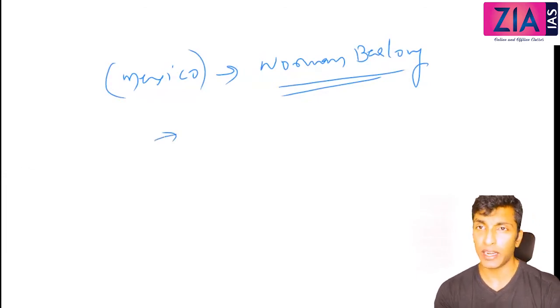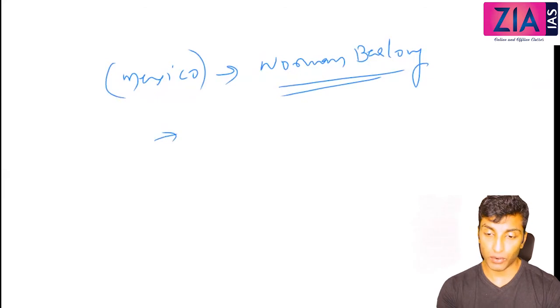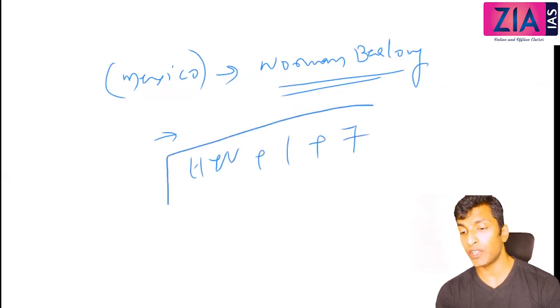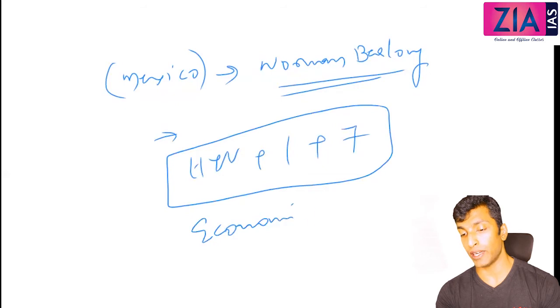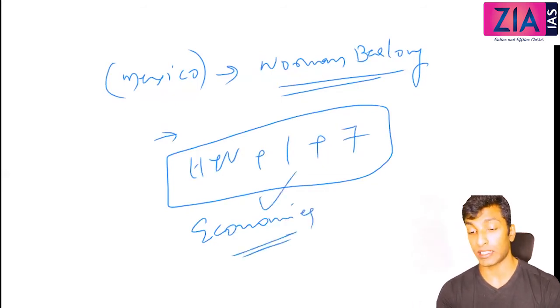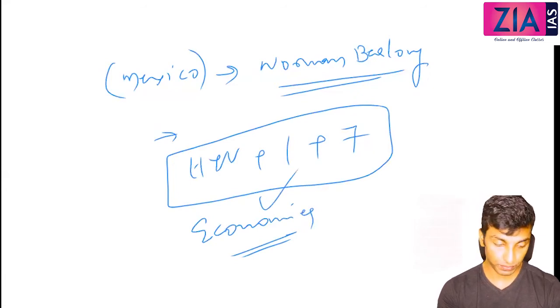Green revolution is actually a package. What is a package? You need HYV seed plus irrigation plus fertilizer, and you need everything on a large scale. Mainly you need to use economies of scale. A large amount of land holding is required so that you can get the maximum profit.